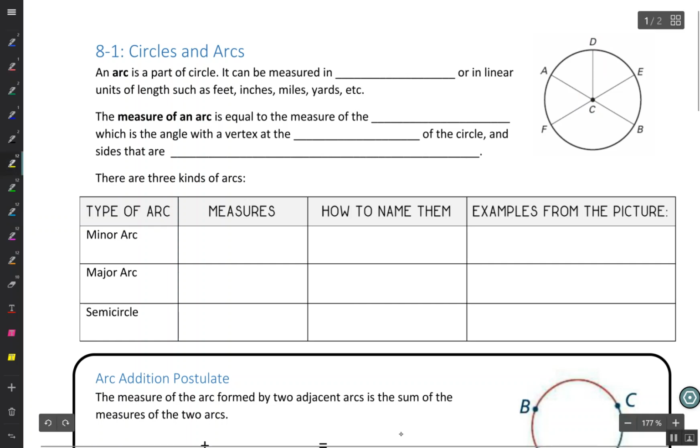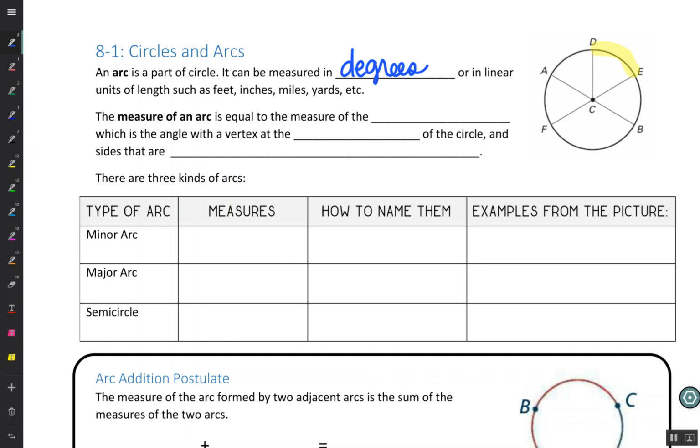So an arc is a part of the circle, so like from here to here. Okay, it can be measured in degrees, or it could be measured in linear units such as length, like feet, inches, miles, yards, those types of things.